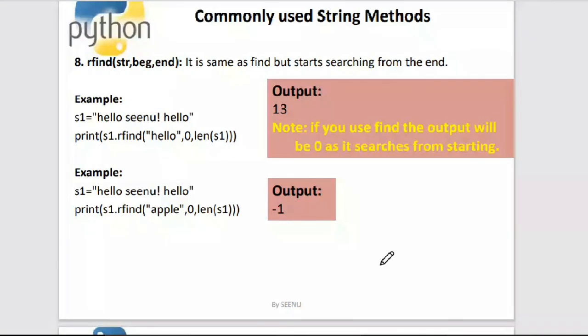Now the next method is rfind. It is the same as find, but starts searching from the end. R represents right. I want to search whether hello is there in the string s1, so I say s1 dot rfind with this range.